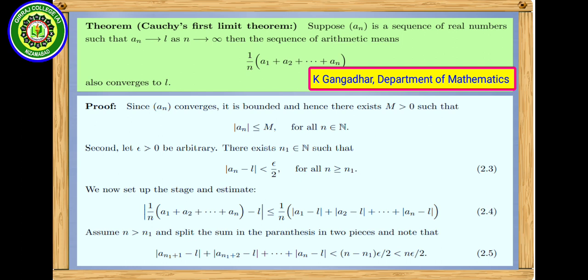Then we get epsilon by 2 plus epsilon by 2 plus so on plus epsilon by 2. So n times epsilon by 2 addition is n epsilon by 2.